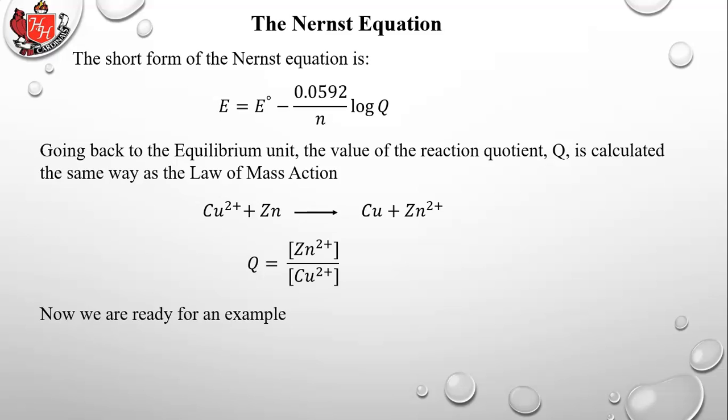So if you wrote the equilibrium equation, which is what the reaction quotient is, you write it the same way as the law of mass action. Remember, you don't put in the solids. So the zinc is a solid, the copper is a solid. So you only put in the ions. Those are considered aqueous. So the zinc goes on top, the product side goes on top, and the reactant side goes on the bottom. So go back and review equilibrium if you don't remember this, although we did it a lot in acid-base. So now we're ready to run an example.